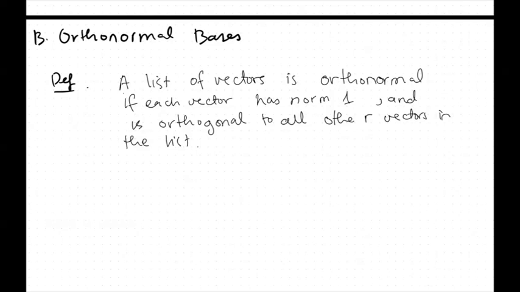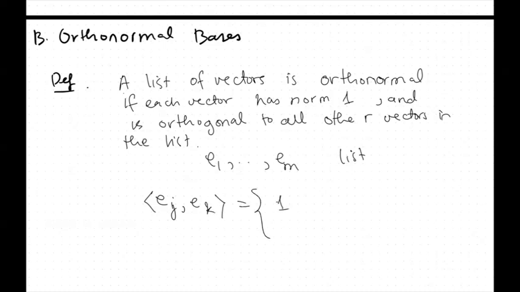So to make this precise, if we let e_1 to e_m be the list, then the inner product of e_j and e_k, let's be consistent with the notation, has the following formula.